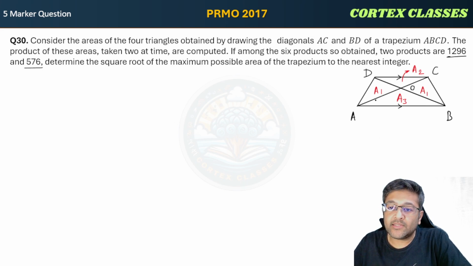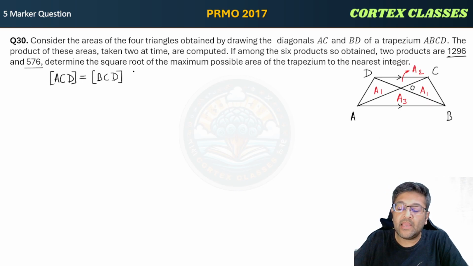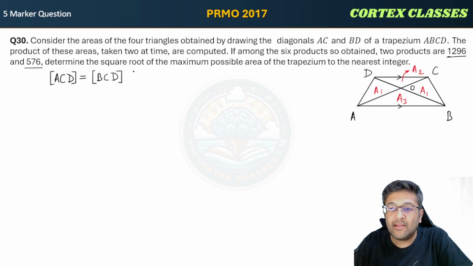Guys, think about this. Can I say कि area of triangle ACD and BCD का area same होगा, right? Why is ACD and BCD same, area wise same? Because base is CD and the two triangles are between the same parallel lines, तो दोनों की height same है, right?